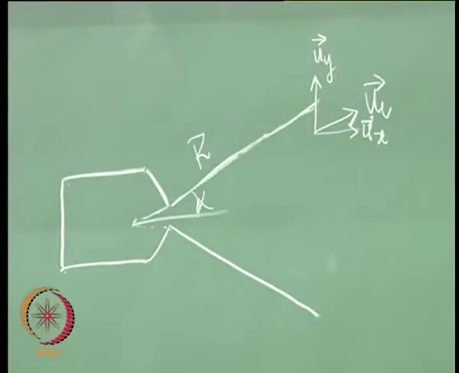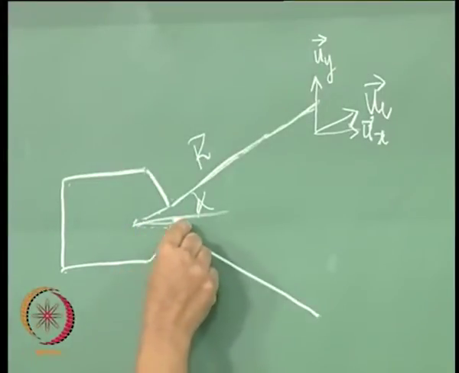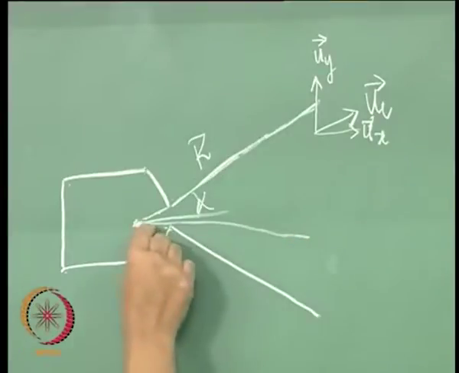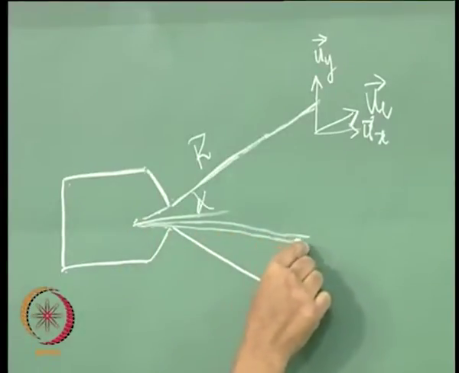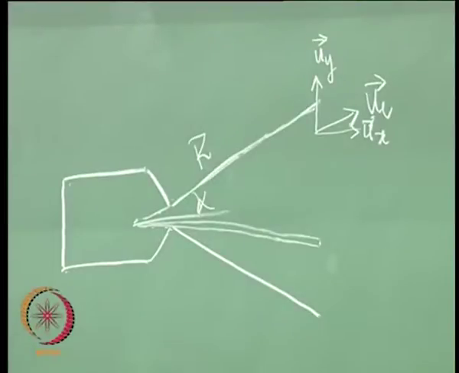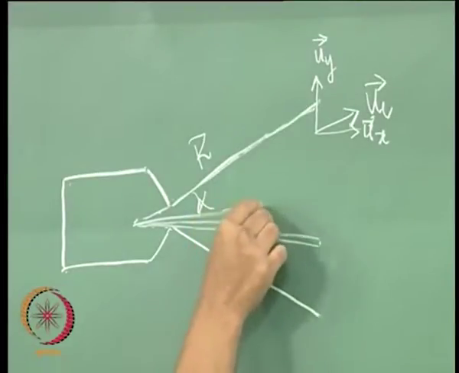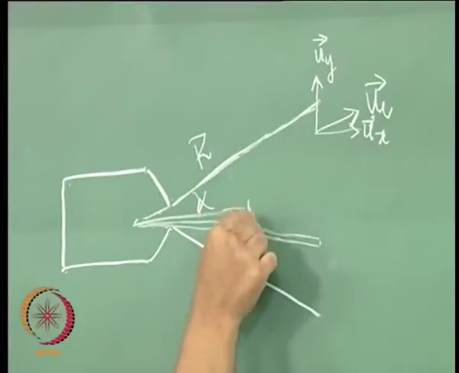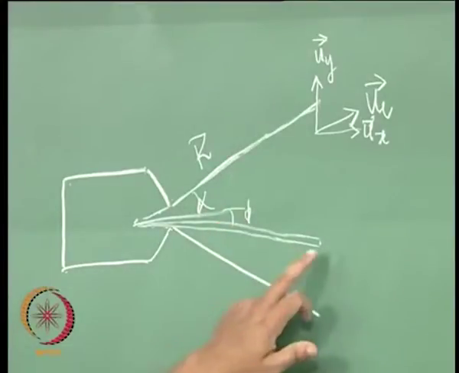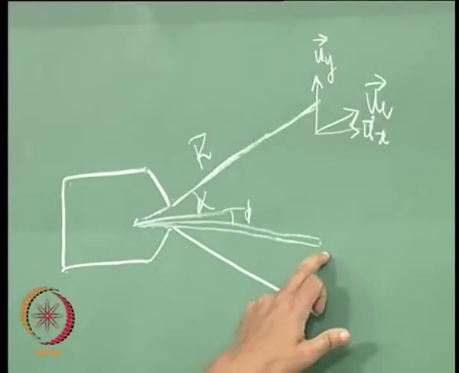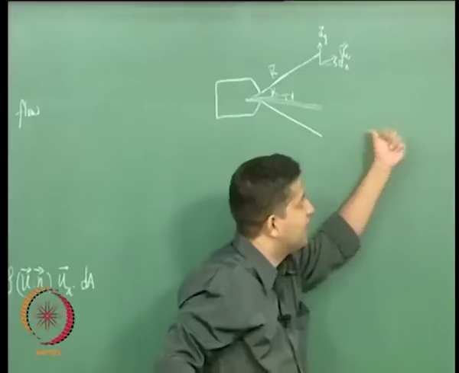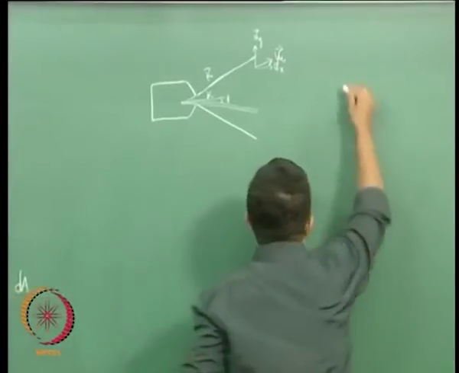Right. Now, if you look at what is the area that we need to consider, let this angle be phi, and we are interested in the small elemental area d phi. Now, if you look at it from the other direction, you will get something like this.